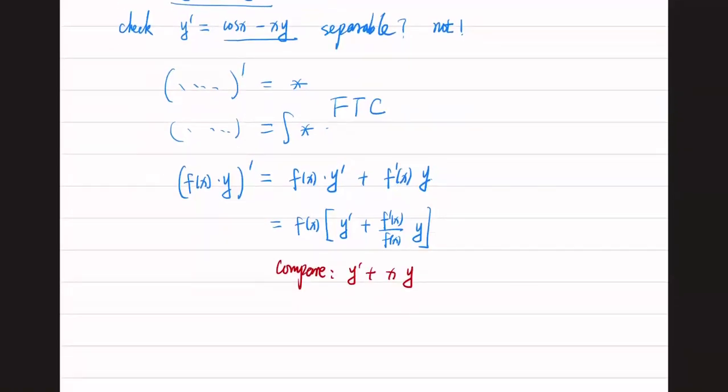We wanted to apply the fundamental theorem of calculus if we can find a function whose derivative over f itself is x. So a slightly easier task. Could you think of something whose derivative over itself is x? Not easy.